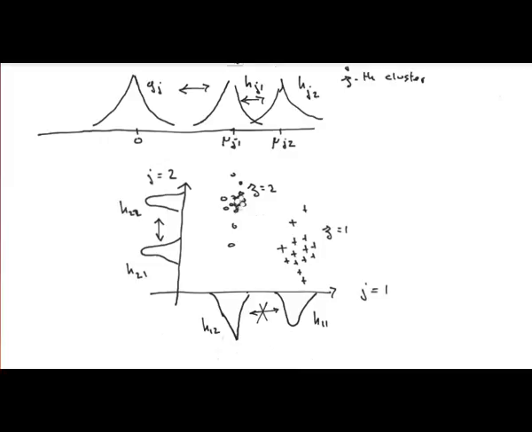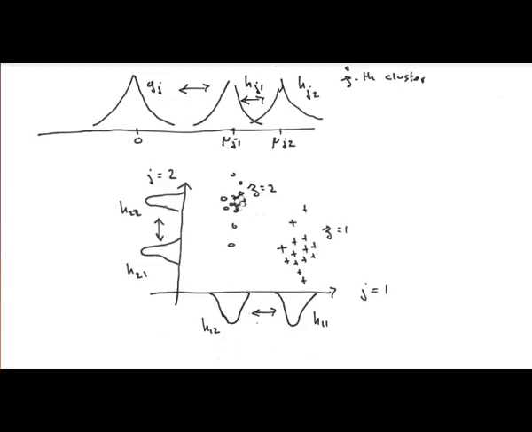I erase H12 and I redraw, something like this. Now, in the first variable, for j equals 1, the densities didn't change, but for j equals 2, for the second variable, the densities did change because the points are far more stretched.